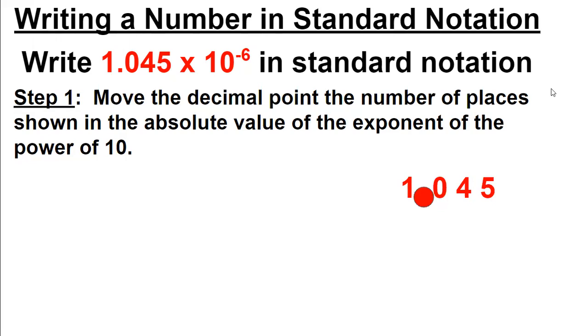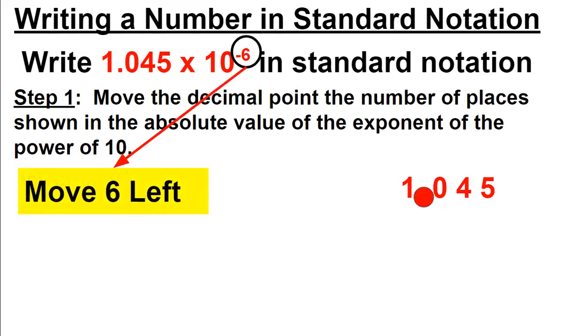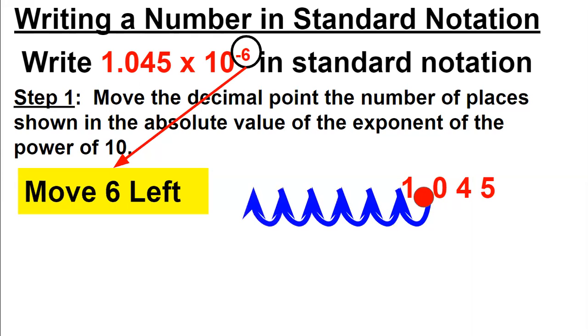Okay, so negative 6 is going to become 6 units to the left. So here we go. There's 1 space, 2, 3, 4, 5, 6 spaces to the left. That's where our decimal is going to move.